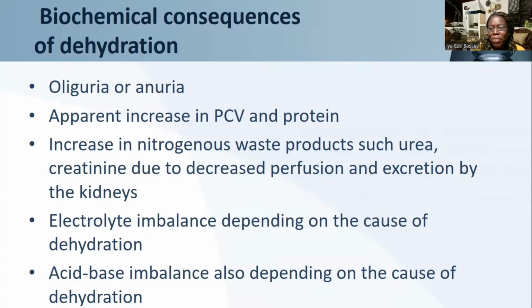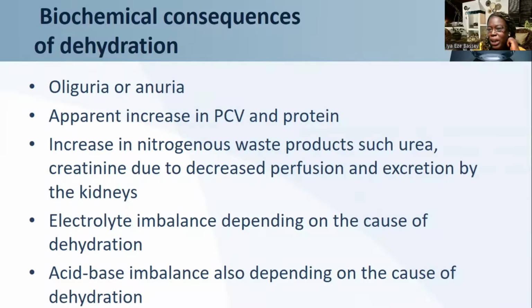Then you could also have electrolyte imbalance, depending on what is causing it. Let me take vomiting. So if you are vomiting, you are losing water, you are losing acid. Acid is made up of what? The gastric acid is made up of HCl. Okay, so you are losing hydrogen ion, you're losing chloride, amongst other things, maybe some sodium.